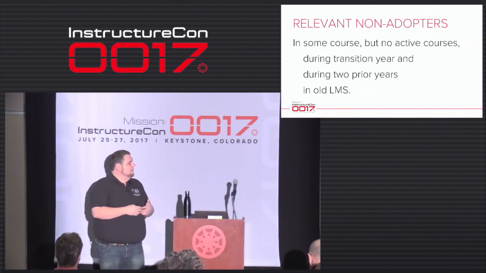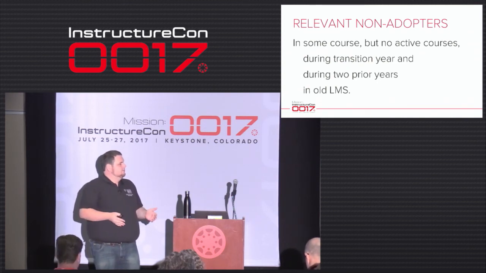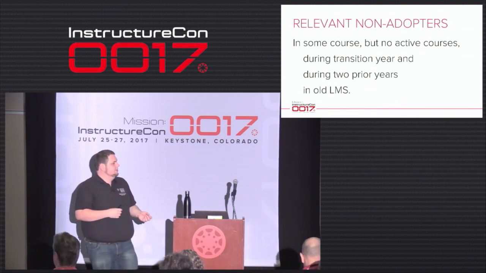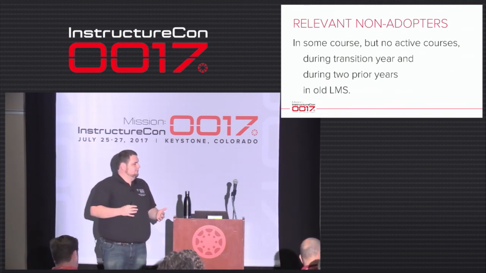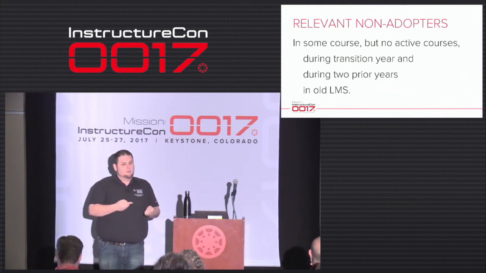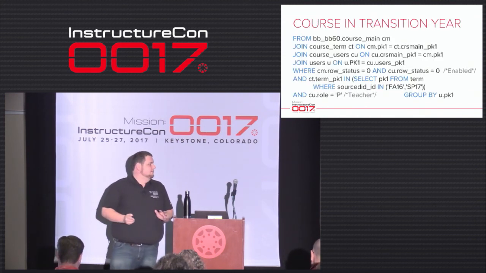And also, in one of the main semesters in the 2 prior years, so I added fall 2015, spring 16, fall 2014, and spring 15 to find somebody who is in a course as a teacher, but the course isn't active.